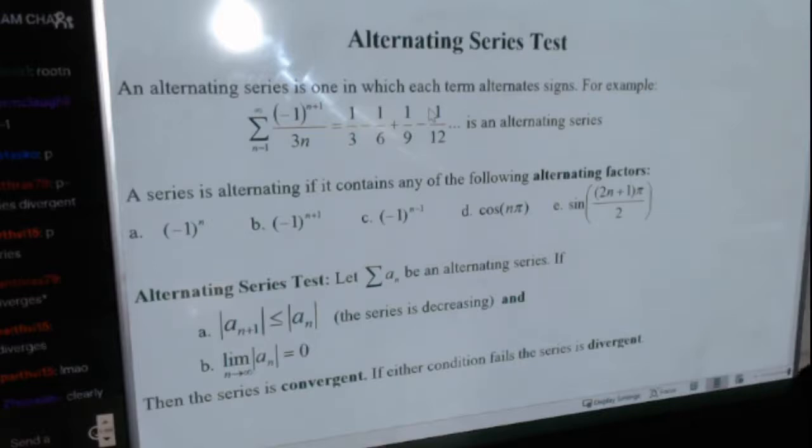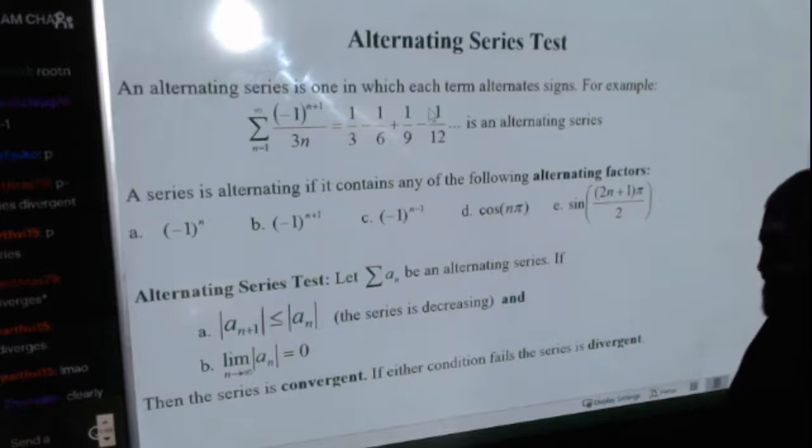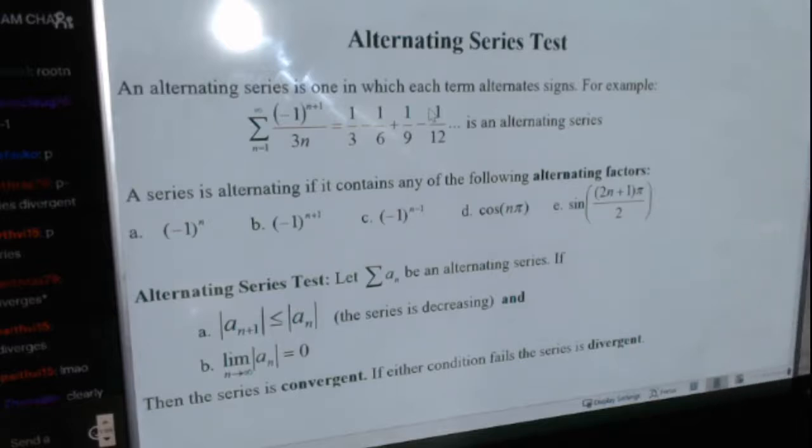Alright, so way back when we started all this stuff, when we began with sequences, I alluded to the idea of an alternating series. Alternating meaning that the signs of each subsequent term are opposite.